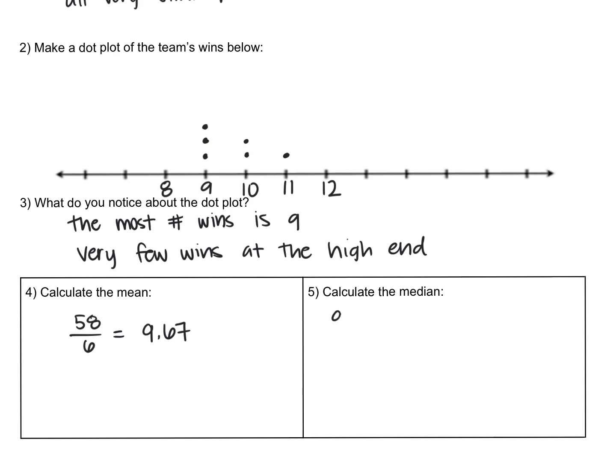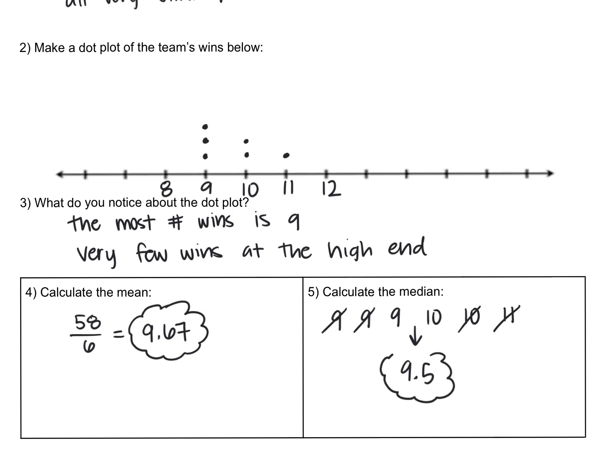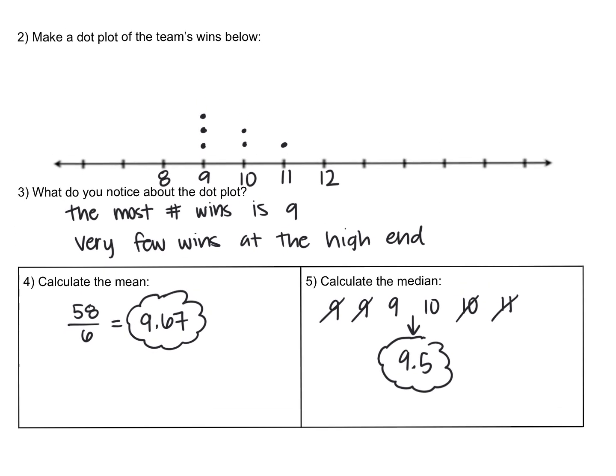For our median, I'm going to place my numbers in order and start crossing them off at the ends, and I get my median is 9.5. So look, 9.5, 9.67, those are pretty similar values. Not a lot of variation between my mean and my median.